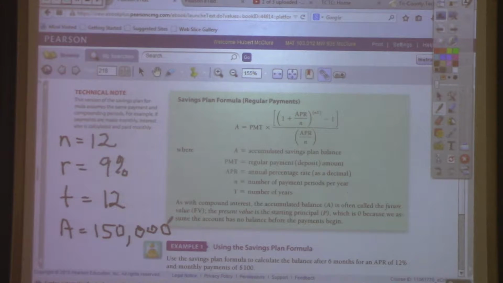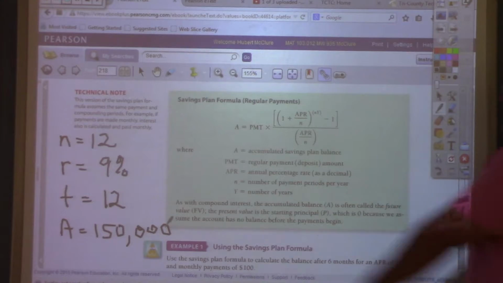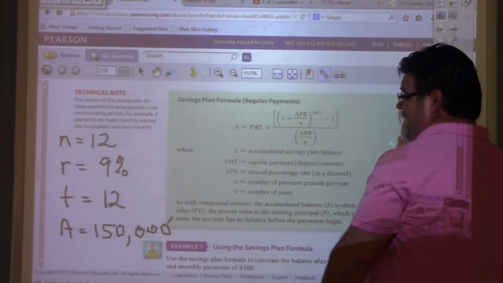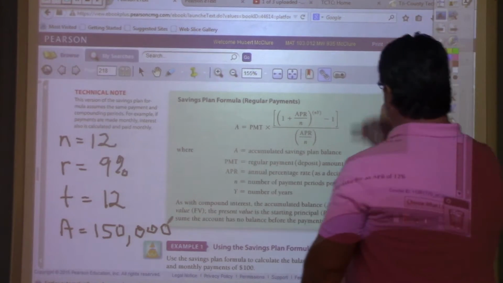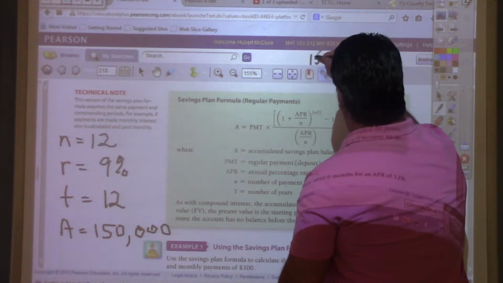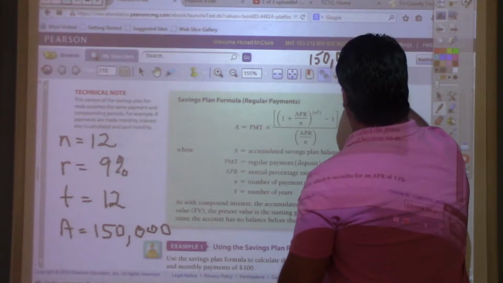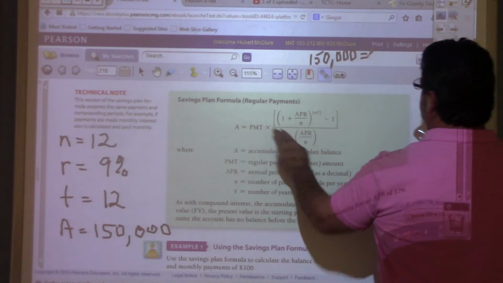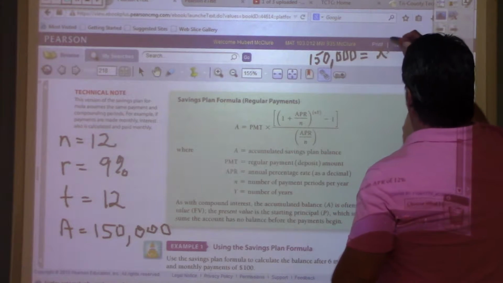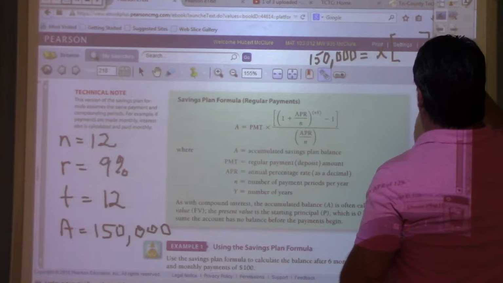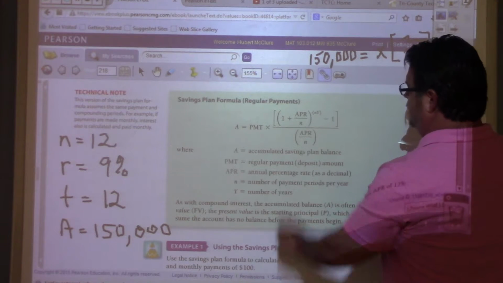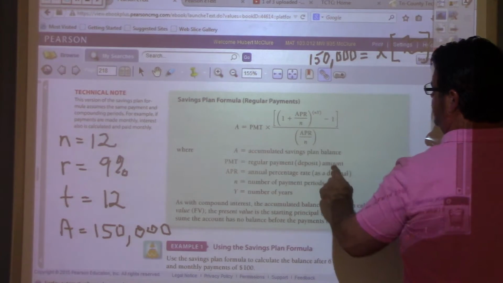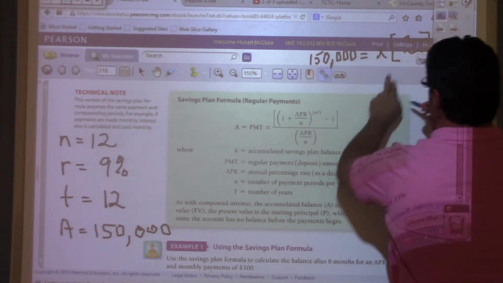So we're gonna plug it in, but this time we don't have the payment, we have A, so that's gonna be 150,000 is equal to, and we're gonna punch in X times, and we're gonna do all of that over here. So I'm gonna put that in right here, and then we're gonna put it right there.